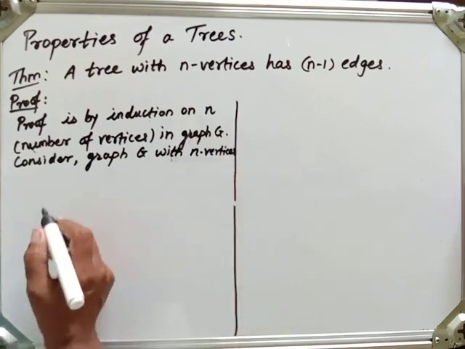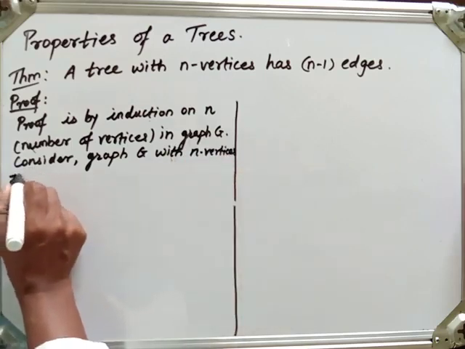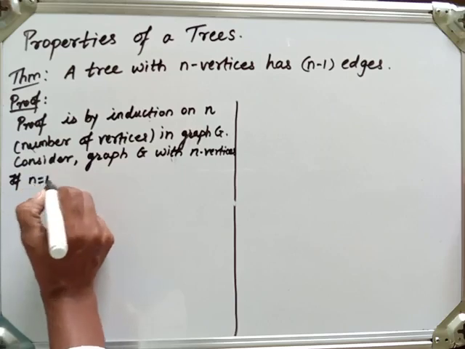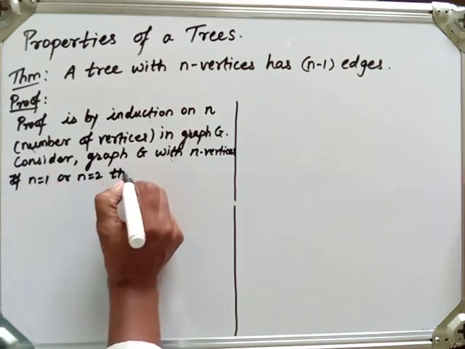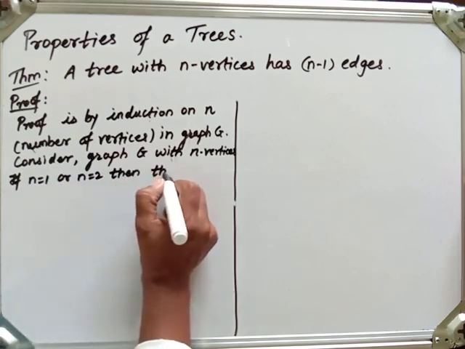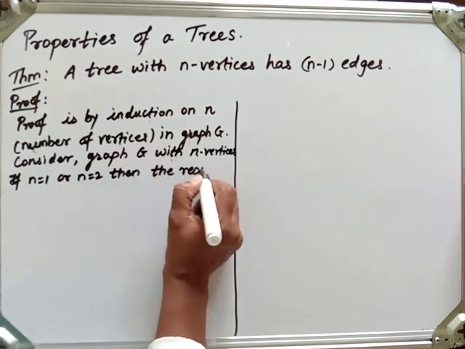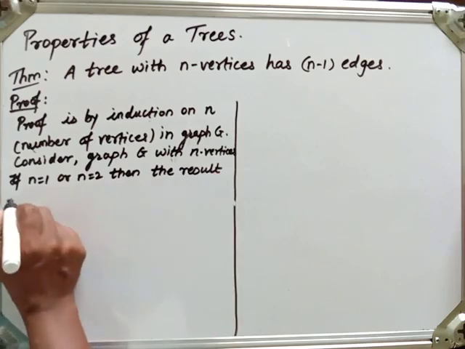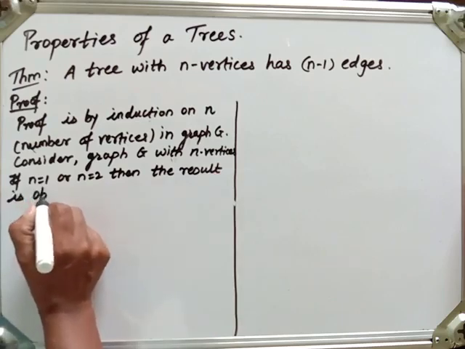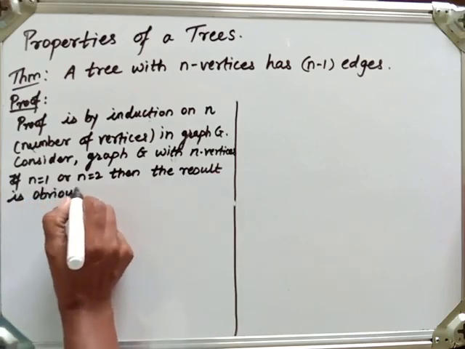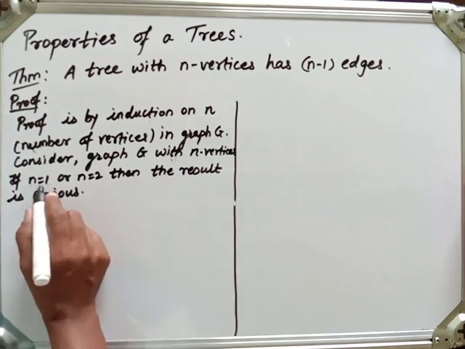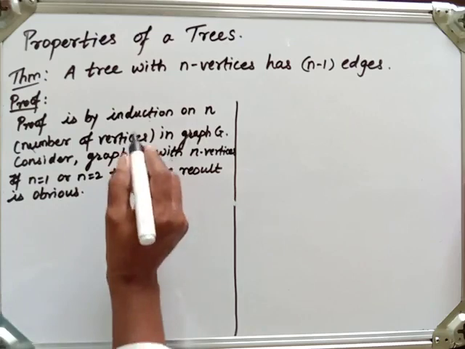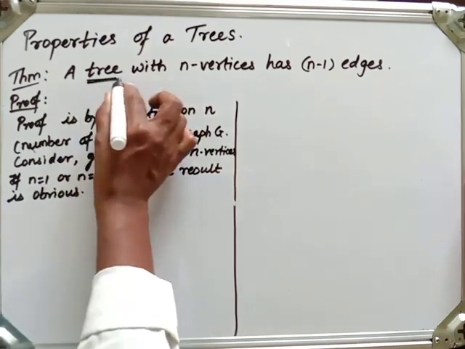Now if n equal to 1 or n equal to 2, then the result is obvious, or it is true. Why? As I gave in the examples, we are basically considering a tree.